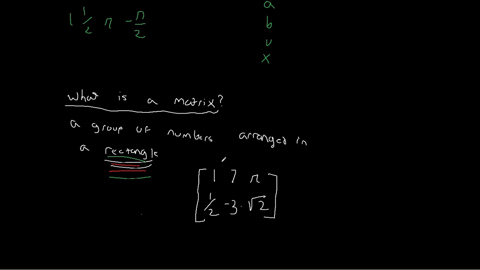So this is sort of the visual representation. How do we see it algebraically or symbolically? Algebraic symbology.